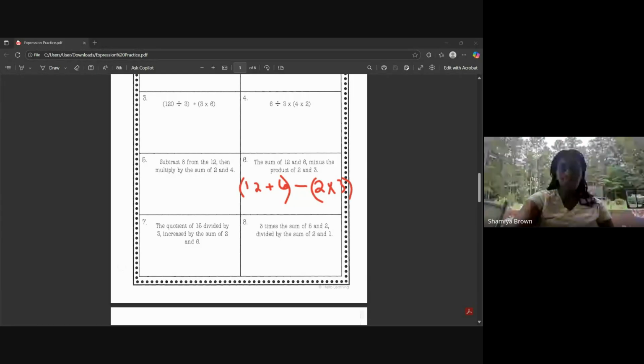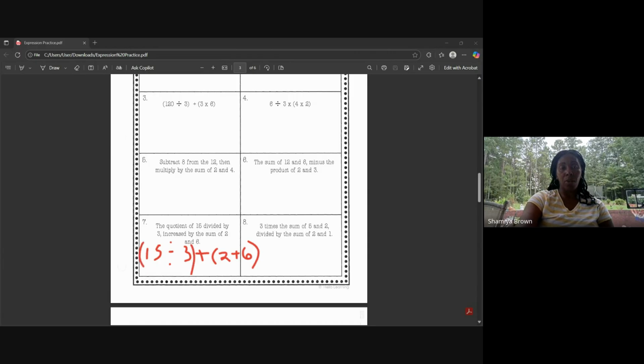The next one is the quotient of 15 divided by 3 increased by the sum of 2 and 6. So the quotient of 15 divided by 3, that would be 15 divided by 3. And then I'm going to increase that by, so I'm going to add the sum of 2 and 6 to that.